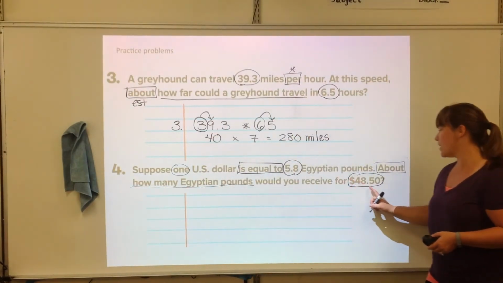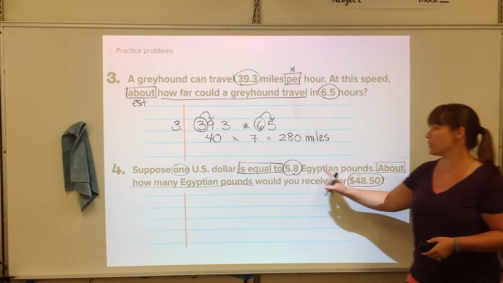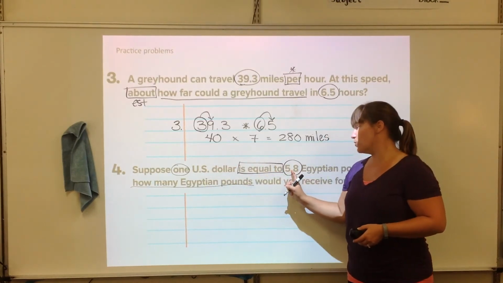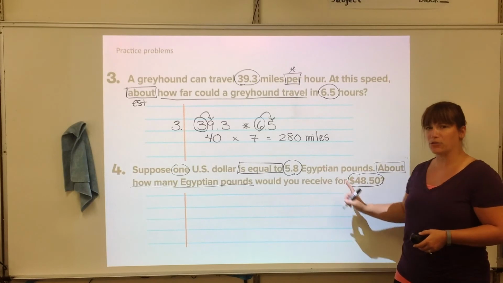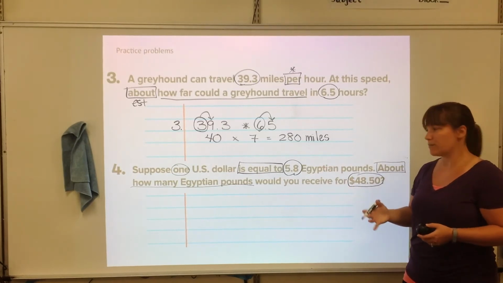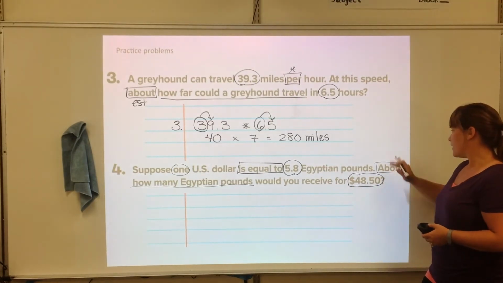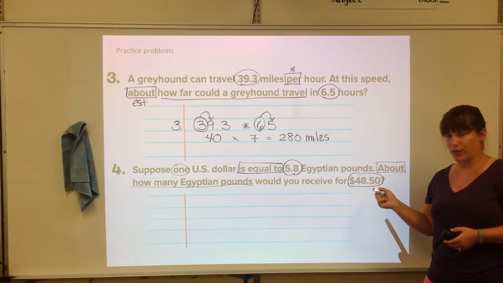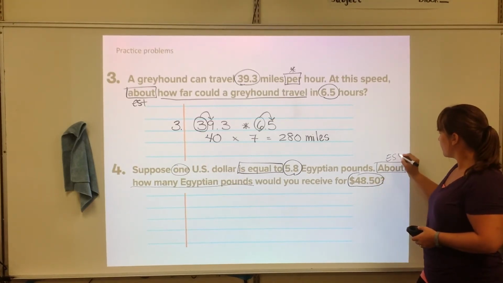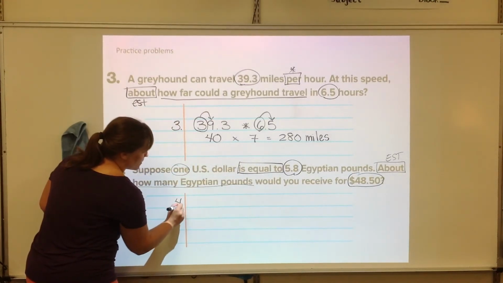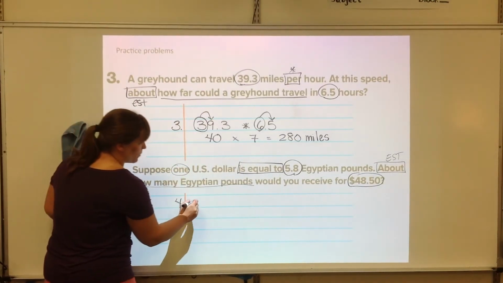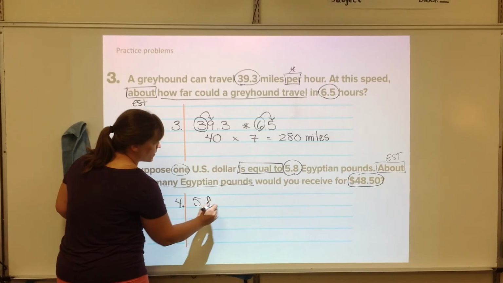We know how many dollars, and we know the conversion. 1 is equal to 5.8. So now we need to multiply these 2 numbers to find our answer. But it's not the exact answer, we're just doing an estimate. So similar to number 3, on my work paper, I'm going to put number 4 and I'm going to copy down the numbers.